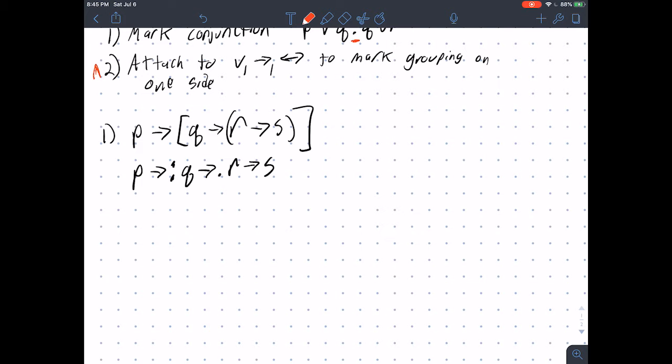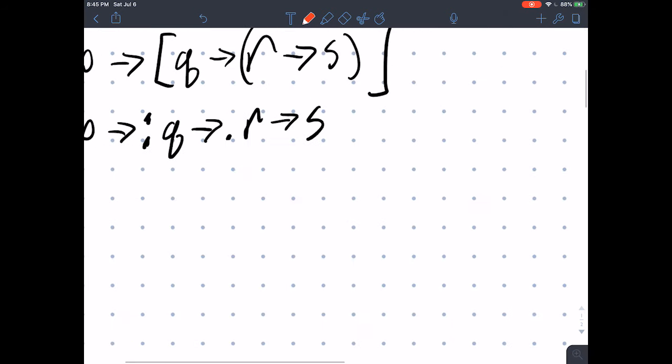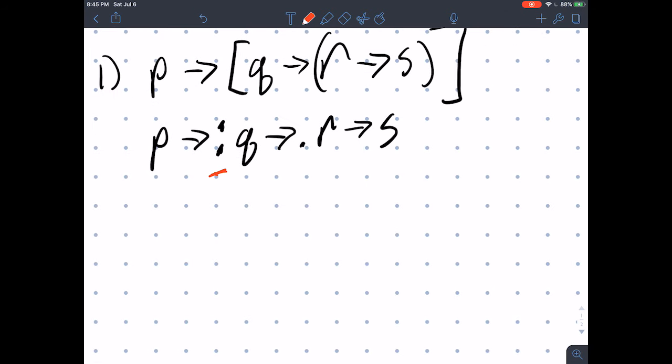So how this works, at a technical level, is, see these two dots right here? They're on the right side of this conditional, and what that means is that they mark a group that extends in the direction of the side of the operator they're on.